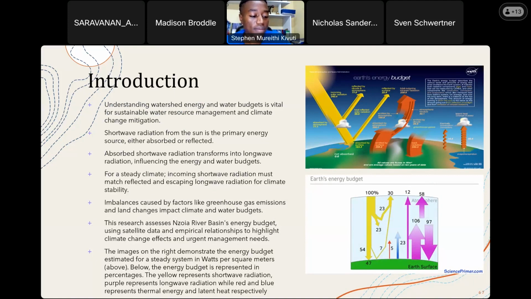So for a steady energy budget, it's supposed to remain around these levels, with the amount of solar radiation coming into the atmosphere equal to the amount of solar radiation leaving, as you can observe in the graphs listed above. So with that, I think we can move to the next slide.